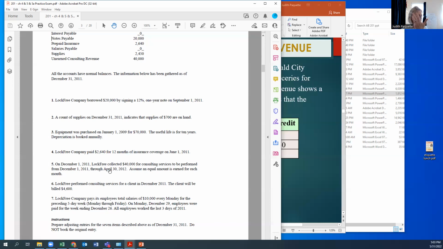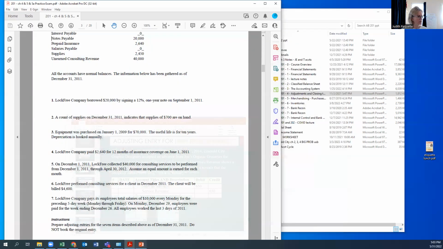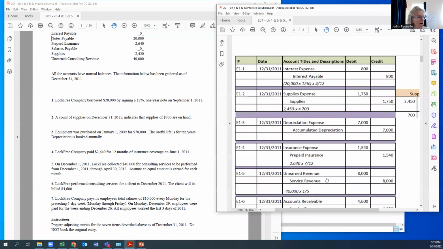And let's look at the dates. Yeah, also the month of April. So it's a 5-month contract. So we're going to divide 40,000 by 5, and we're going to get 8,000 a month. And only 1 month has passed. So we're going to look at the solutions. Here we go. Unearned revenue, debit, service revenue, credit, 8,000.